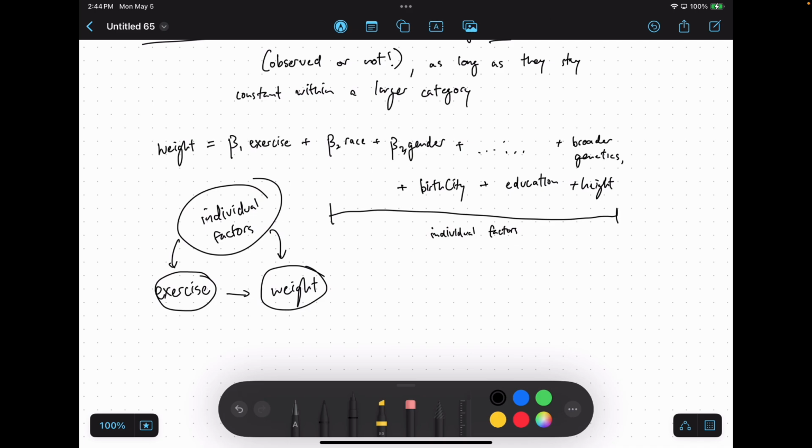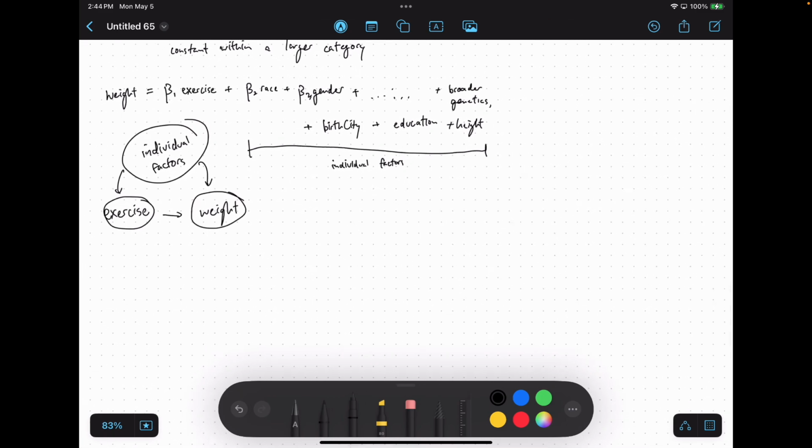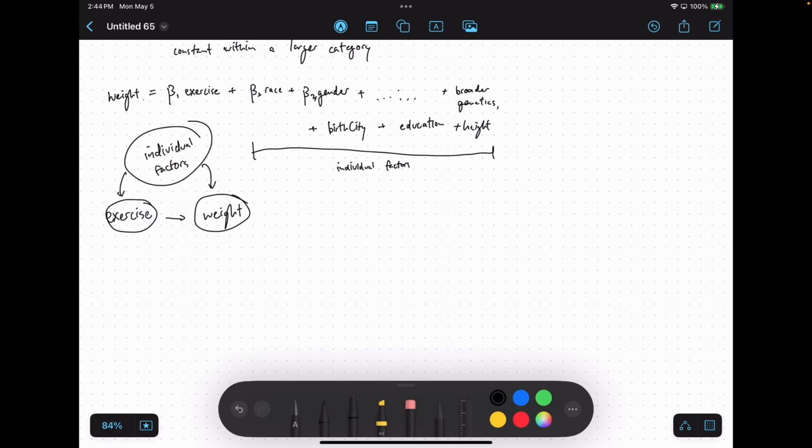But there's something interesting about this data. And actually, let me add in a little subscript T here, telling us about maybe how much these things change.